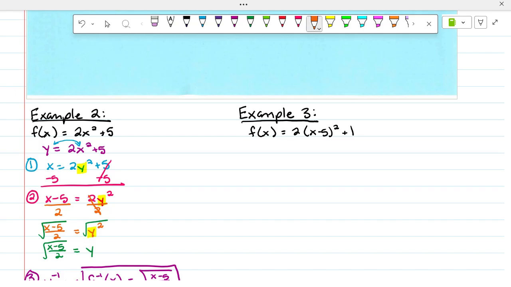So first things first, just for confusion's sake, I'm just going to rewrite f of x using y. So if you see f of x instead of y when you're doing an inverse, just replace f of x with y, just to save you the heartache.